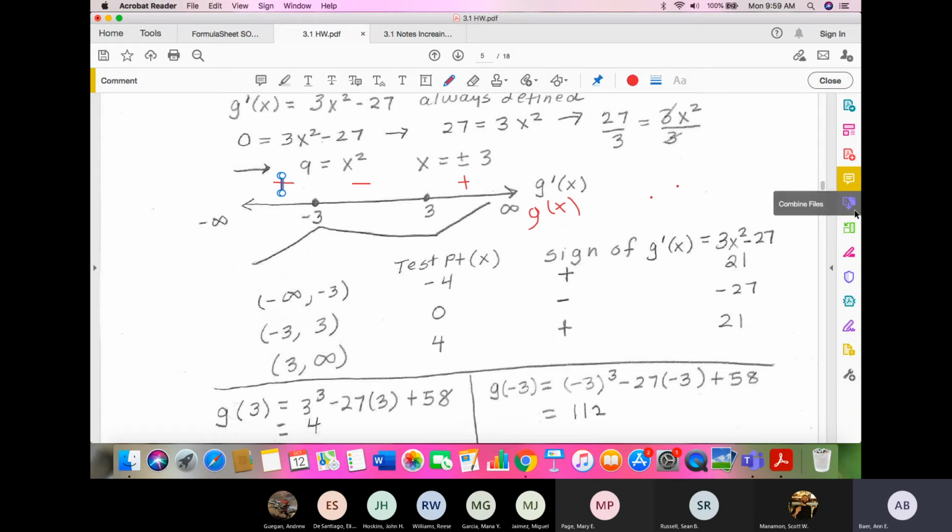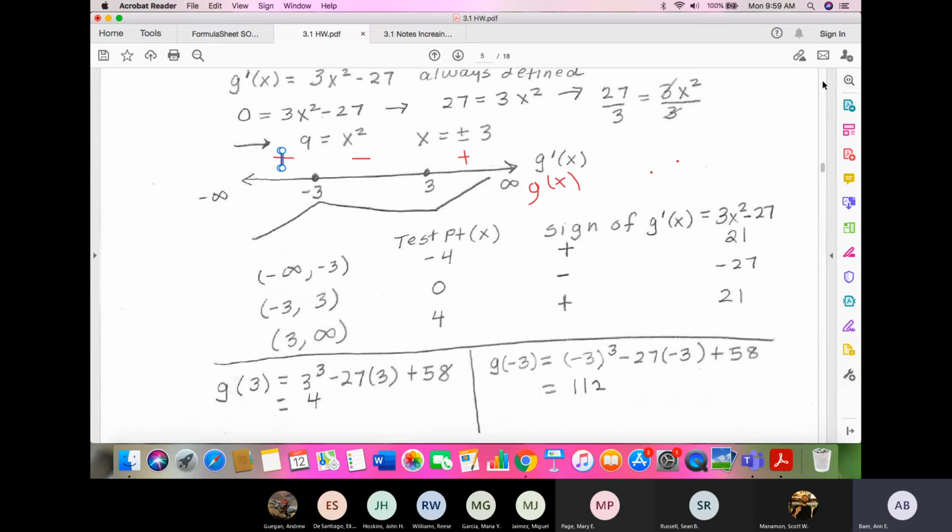Now, what does that mean about the graph of the original function? When the first derivative is positive, what does that tell me about the original graph of g of x?